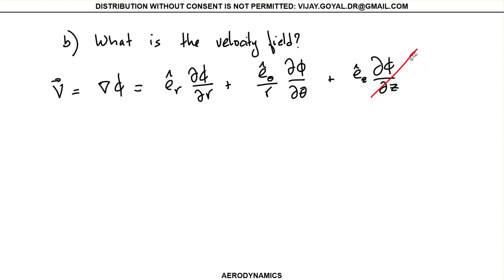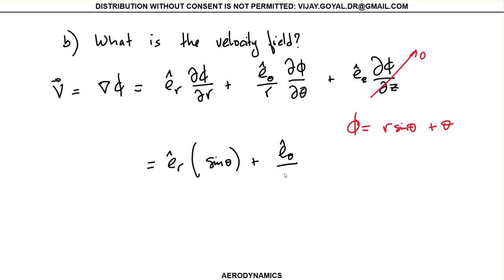In this problem, you know this is 0 because your potential was equal to r sine of theta plus theta. Okay, so this goes to 0. It's not a function of z. Then you have e_r, and with respect to r this gives you sine of theta, plus e theta over r, and with respect to theta this gives you r cosine of theta plus 1.